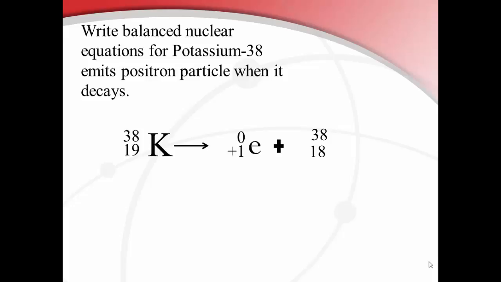Now we look up on the periodic table the atomic number 18, which is the argon atom. This is the complete equation for the positron emission of potassium-38.